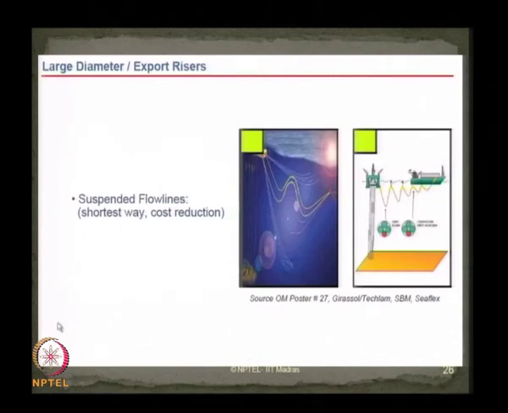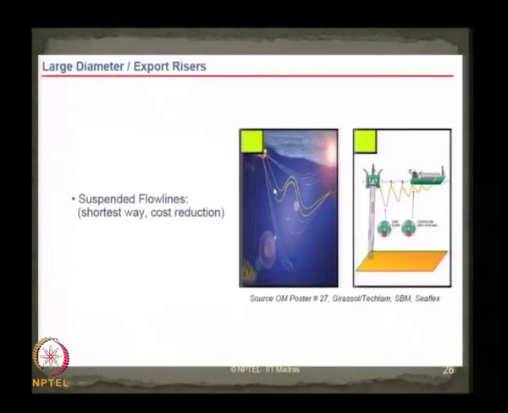If you look at large diameter export risers, because we need to transport the oil or the gaseous connections from the vessel to an offshore facility or from the satellite vessels to the main production facility, we need export risers. Essentially these kinds of risers are suspended flow lines. As you see in the figure here, they are usually suspended flow lines.